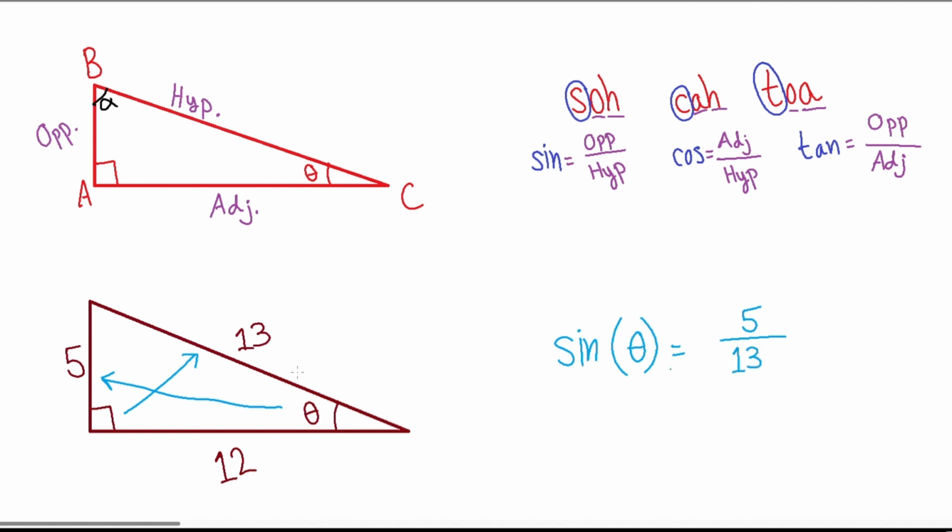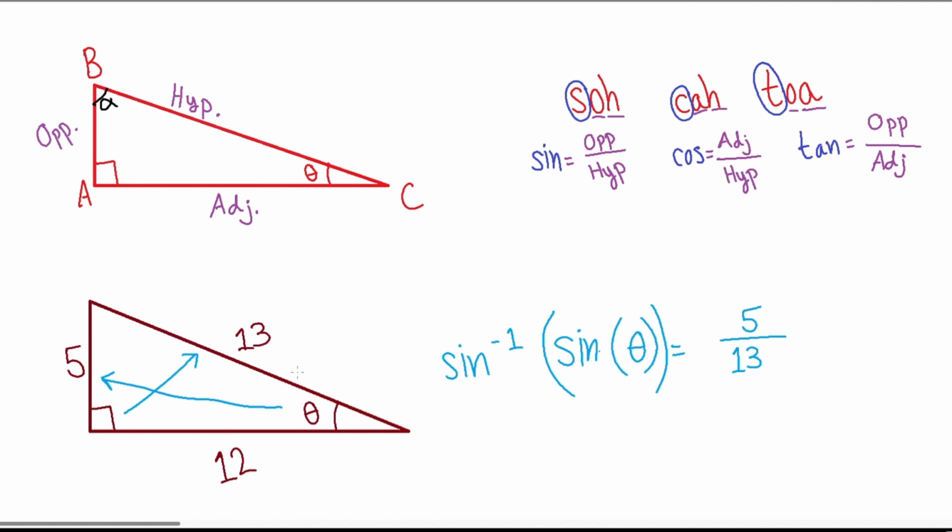So to solve for the measure of the angle, we're going to take the inverse sine of this value. Inverse sine we're going to discuss later on more deeply, but here we're going to discuss it briefly. The sine of an angle would be the opposite over the hypotenuse. The inverse sine of the opposite over hypotenuse would be the measure of the angle.